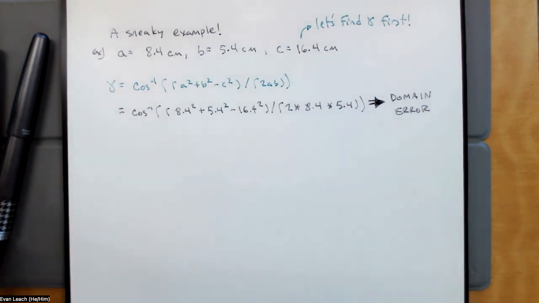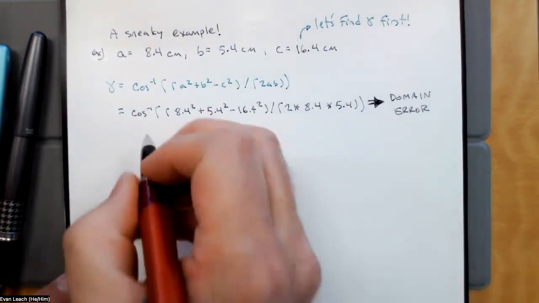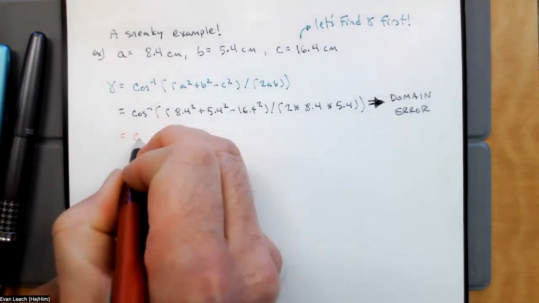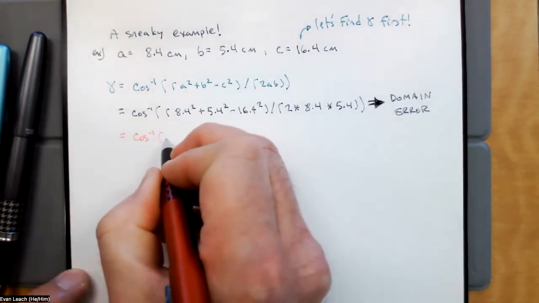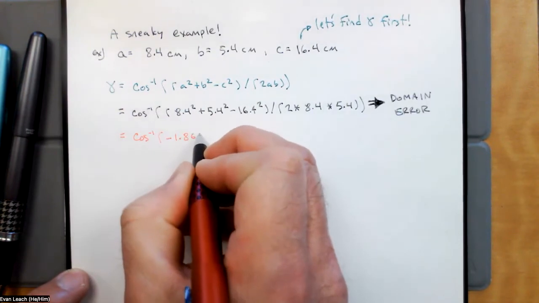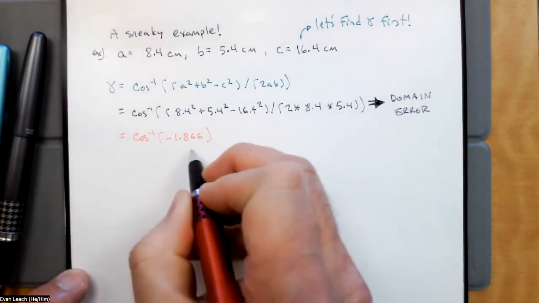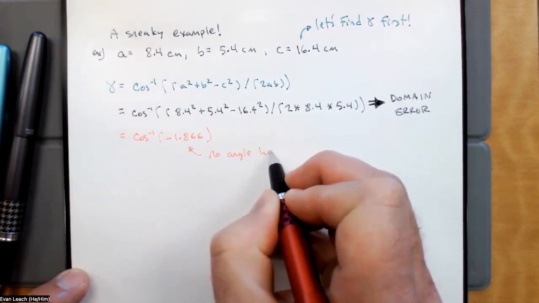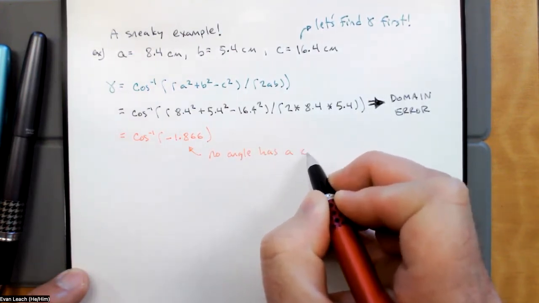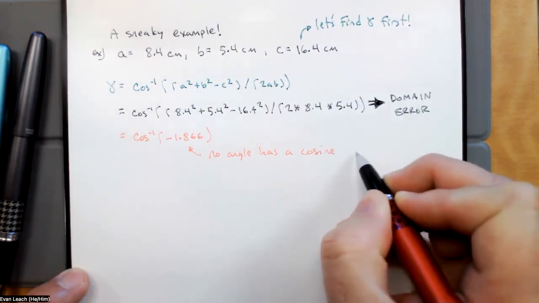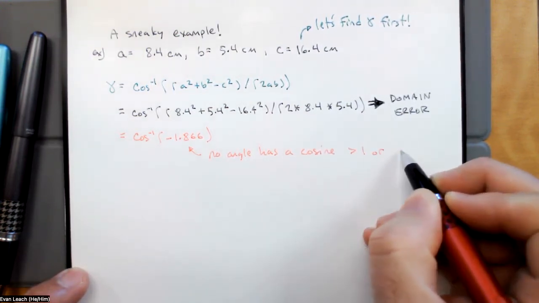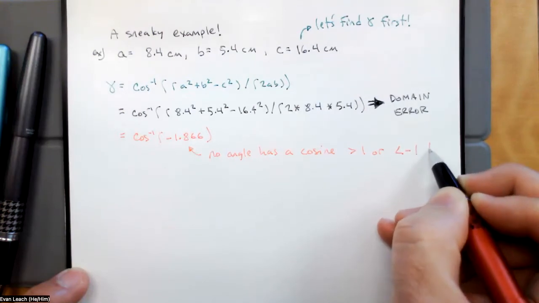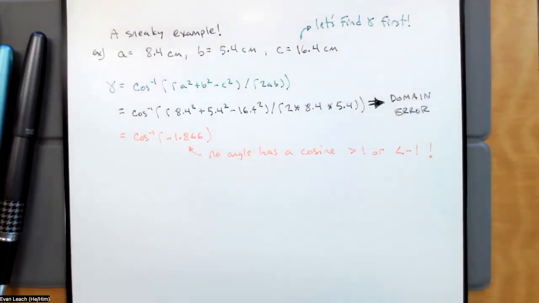So what we're trying to do here is the cosine inverse of negative 1.866. No angle has a cosine greater than 1 or less than negative 1. The cosine of an angle has to be between negative 1 and 1.